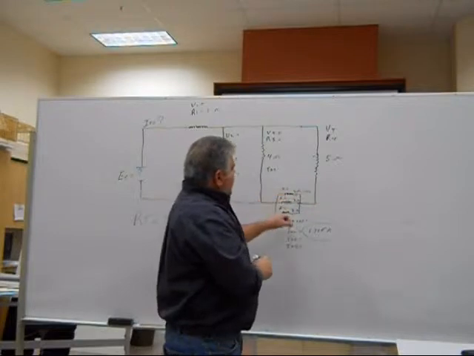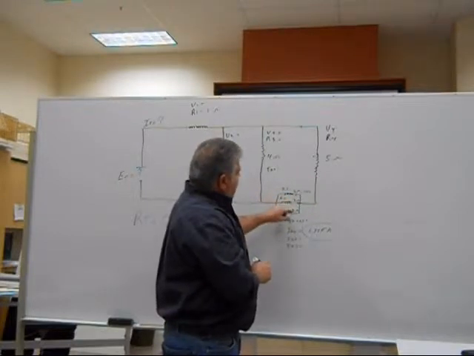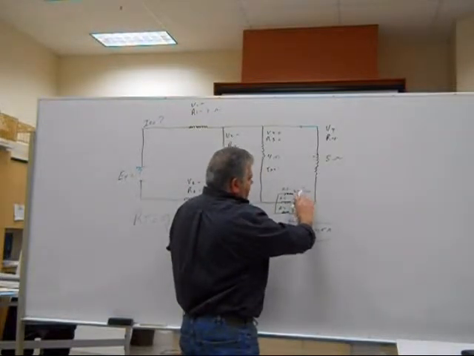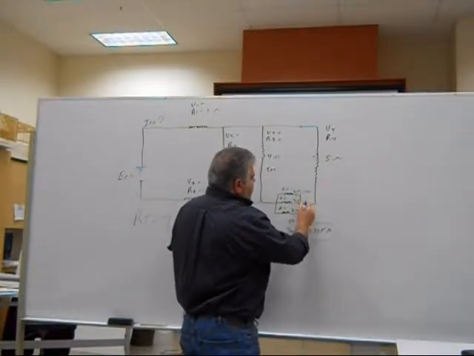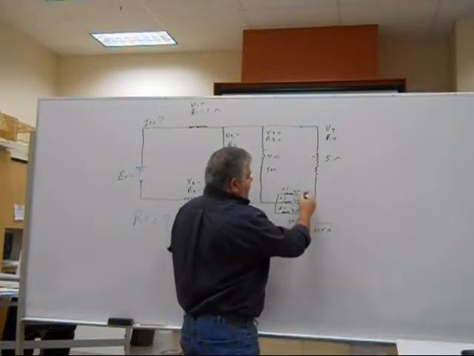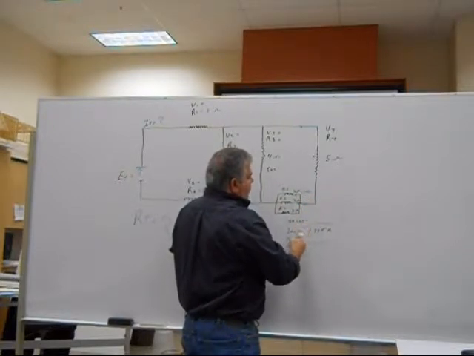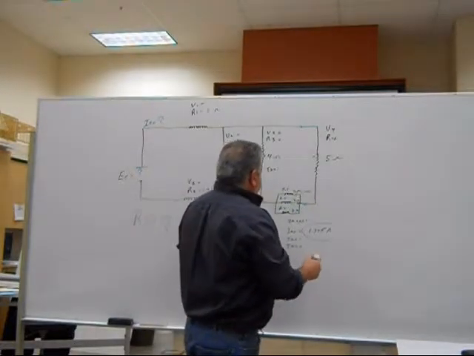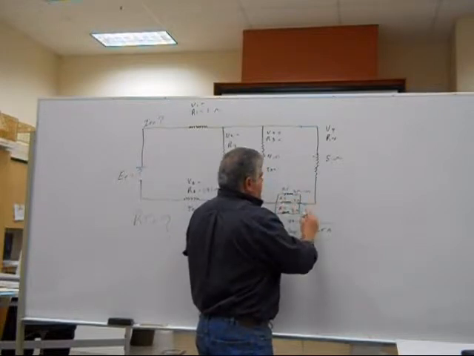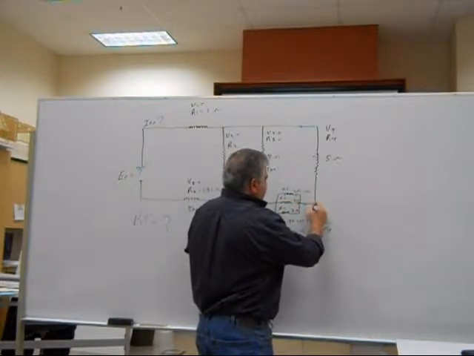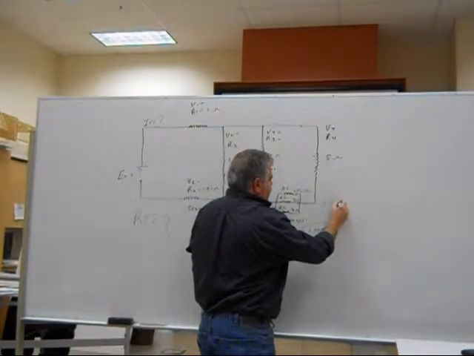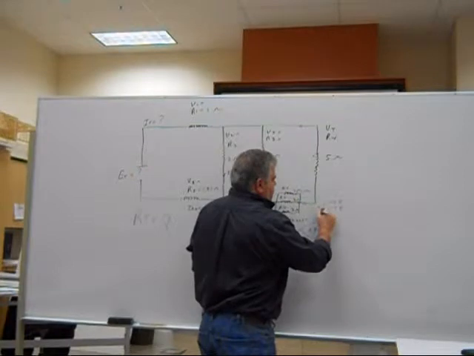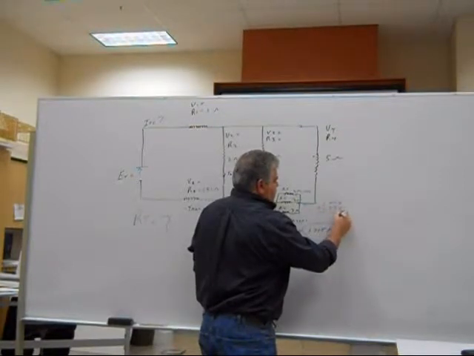So all those resistors are exactly the same ohmic value, so we'll find out the amperage that flows through here. We have to add 1, 2, 3, we have to times that by 3, and we get an amperage through this circuit of 1.775 plus 1.775 plus 1.775 for a total.